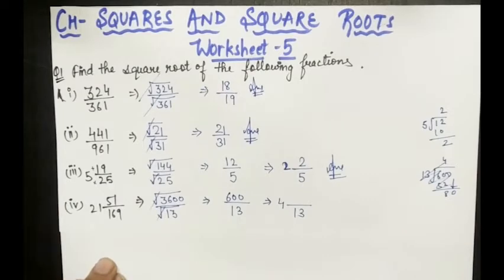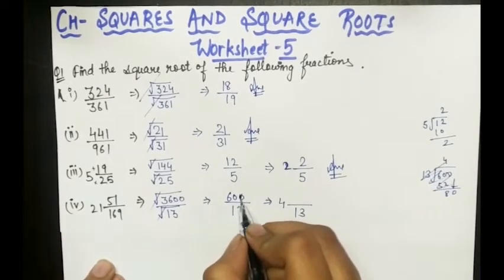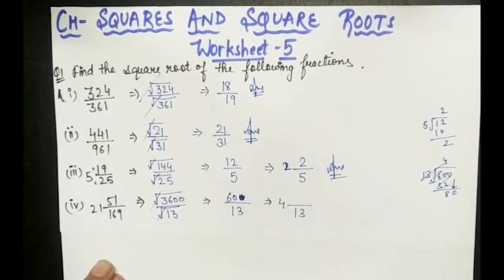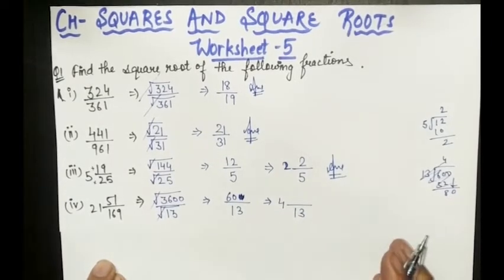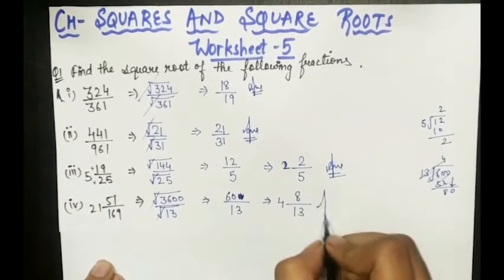Then 600. That will be, sorry, I have made one mistake, this will be 60 only, not 600. Now you all know that 13 4s are 52, and then you want 8 to make it 60. You can write 8 here, and that's the answer.